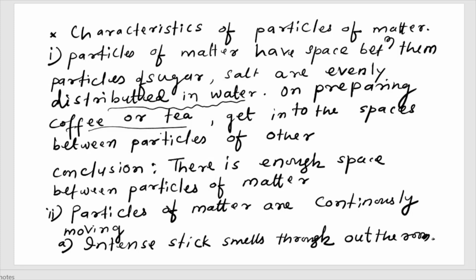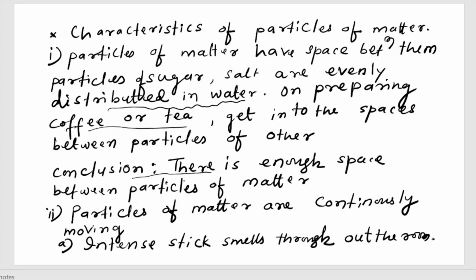Milk particles, water particles and tea particles mix equally, and that is what we mean by particles of matter having space between them. What is the conclusion? There is enough space between particles of matter, so that other particles can come and occupy the middle space. Then what is number 2?